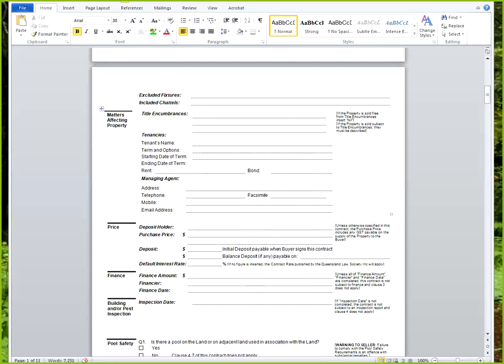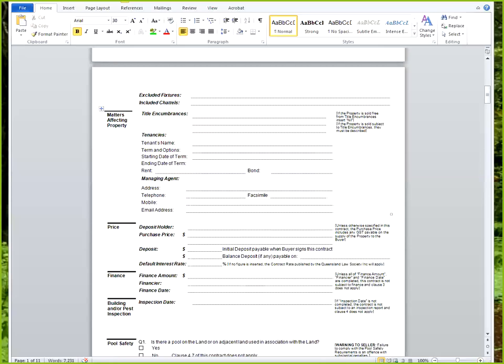Now, contrast that situation to the situation of an easement, a right-of-way easement in favour of an adjoining neighbour that cannot be extinguished by the seller, and the property therefore is sold subject to the existence of this encumbrance, which will remain on title even after settlement.